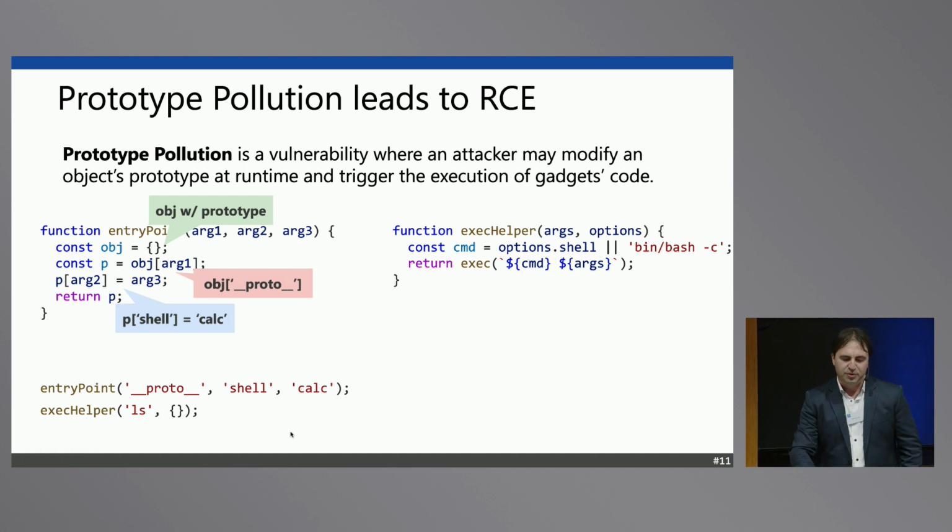Well, we have executed this entry point, so now we have this new property shell initialized to the calculator. So we go through our function again, and now when we execute the command, we do have an option. Well, it will try to access shell. It will say, this is an empty object, so shell doesn't exist. Let's look at this prototype. Okay? And then in this case, it will read calculator, and then you get remote code execution.